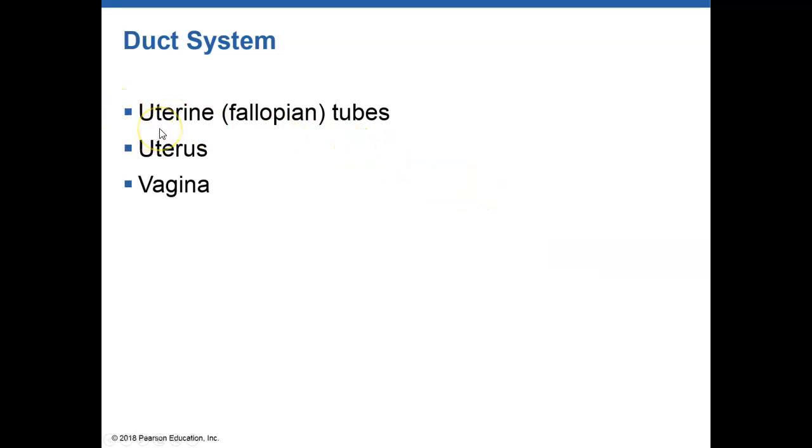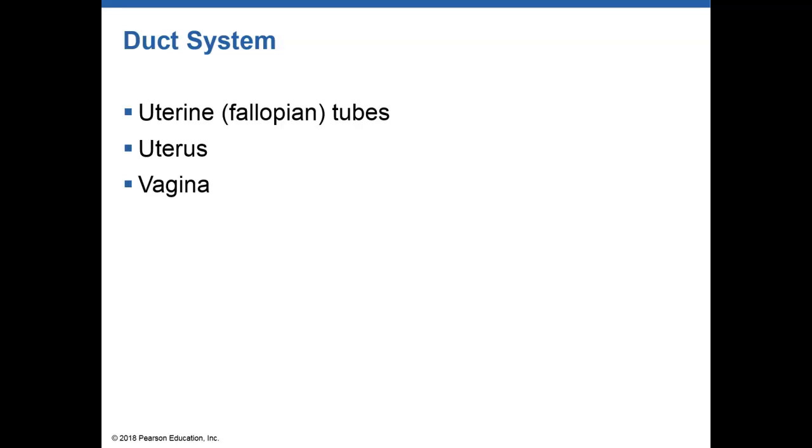So once the ovaries produce the egg, it has to move into the uterine tube. A lot of people in the past have thought that the uterine tube is connected directly to the ovaries, but it's not.